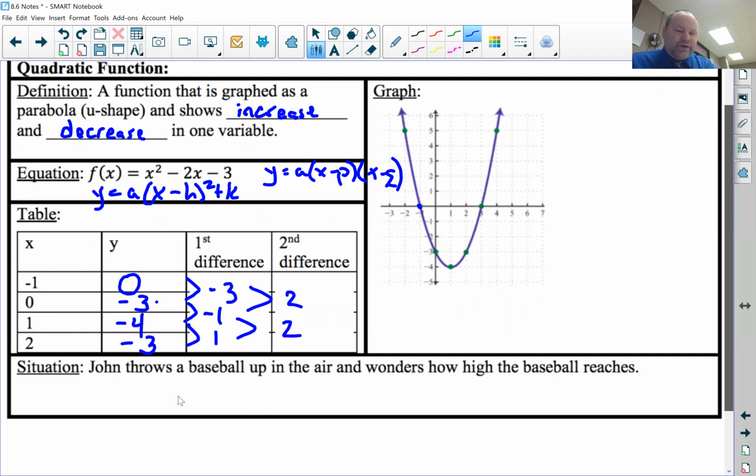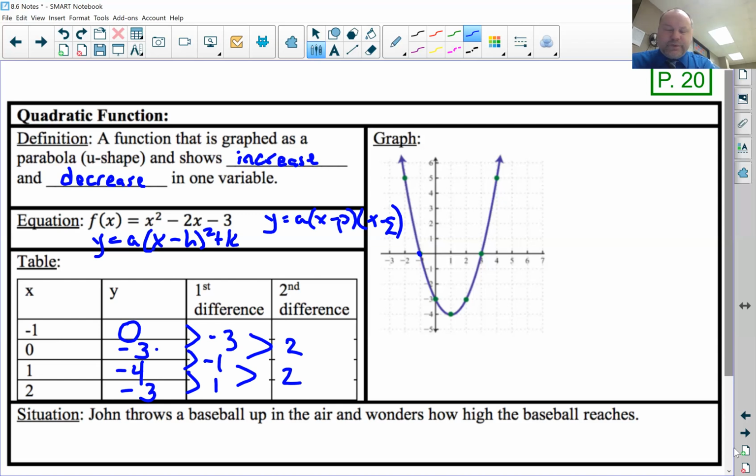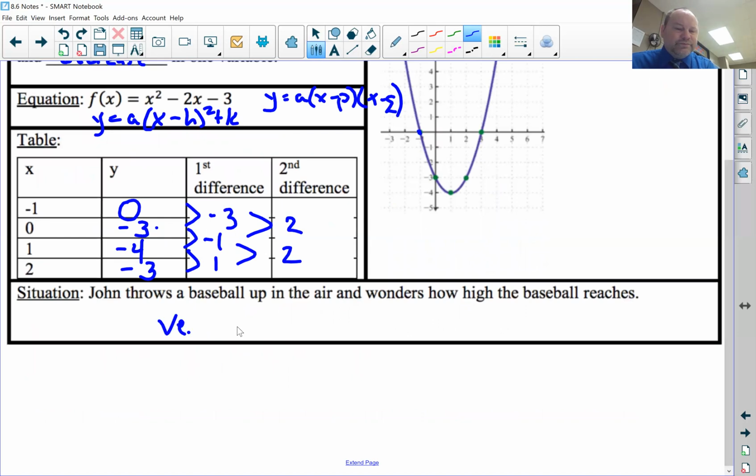So that's one of our problems like we did last week. We called them vertical motion. Could also have those area problems like we had last week, area of a rectangle. So that's quadratic.